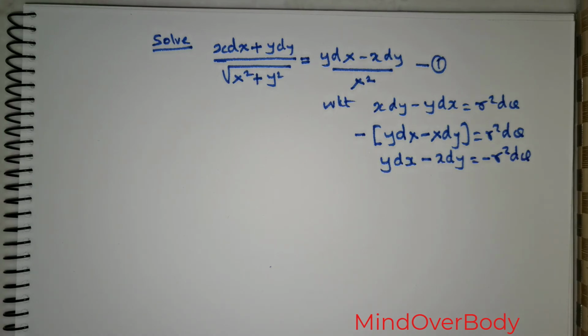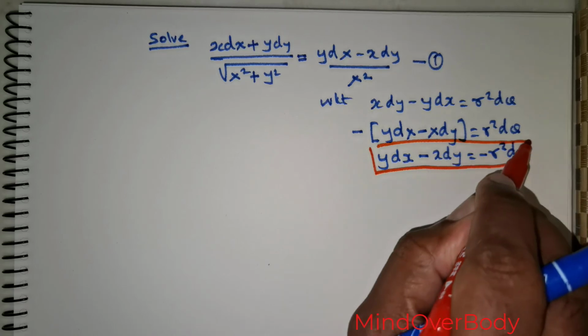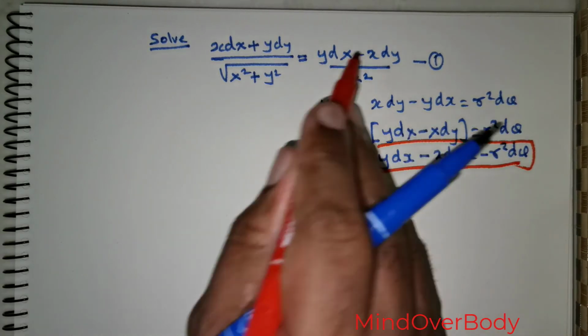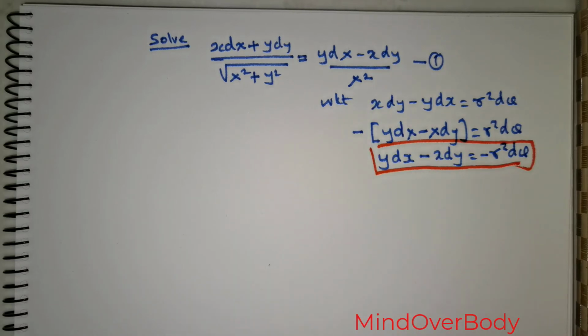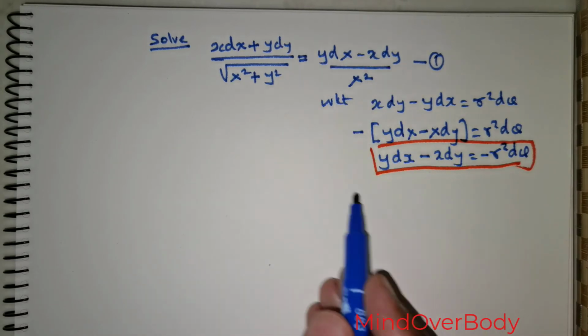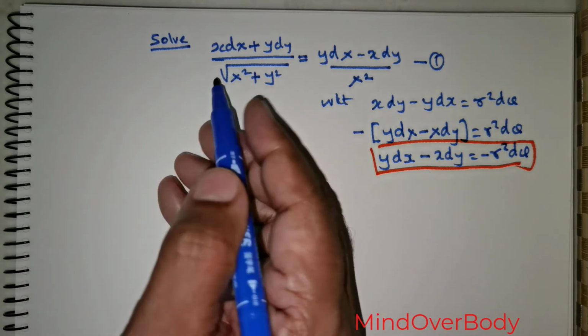Now why did I do all this? I did all these things because there is a y dx minus x dy present in the given question. So I want to make sure that I got a polar substitution for that particular term.